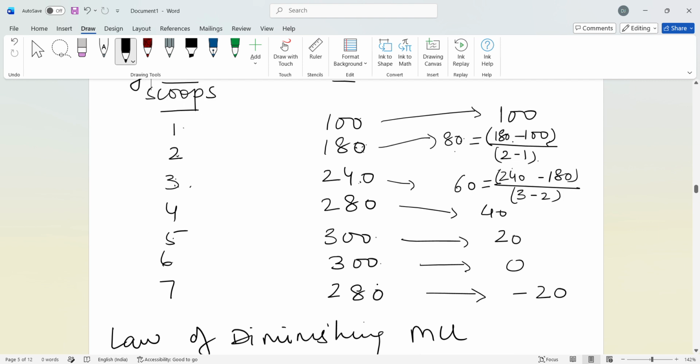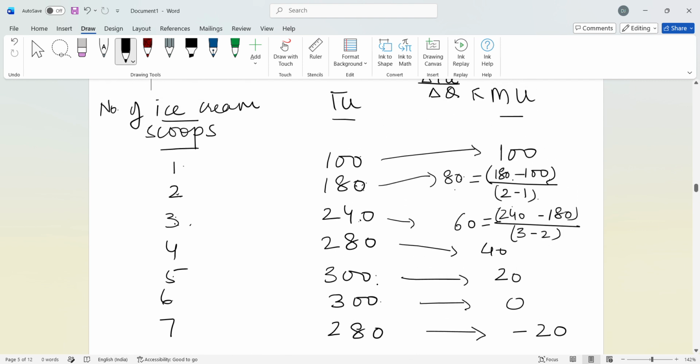What I'm assuming is two or three things. First, the consumer is a rational consumer. The consumer is continuously consuming this product. There are no breaks in the consumption, and he is in full consciousness. He is not drunk and he's not being forced or anything like that. And there are several other assumptions.